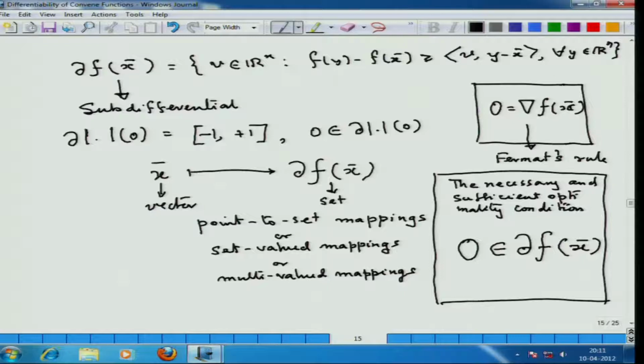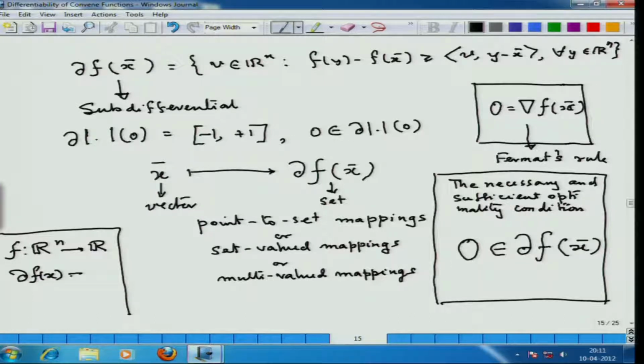The important fact now comes to the fore, that when f is a convex function from Rn to R, then this is not equal to the empty set for all x in Rn.